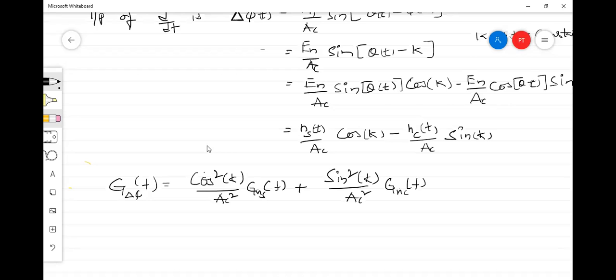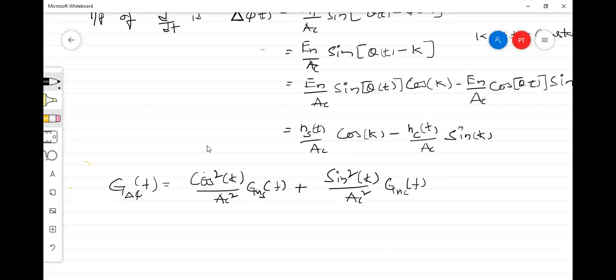Here we get only a plus sign, because the power spectral densities are added. This is the power spectral density of the quadrature component, and this is the power spectral density of the in-phase component.